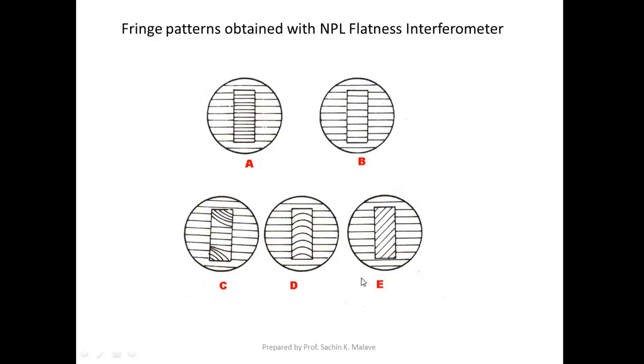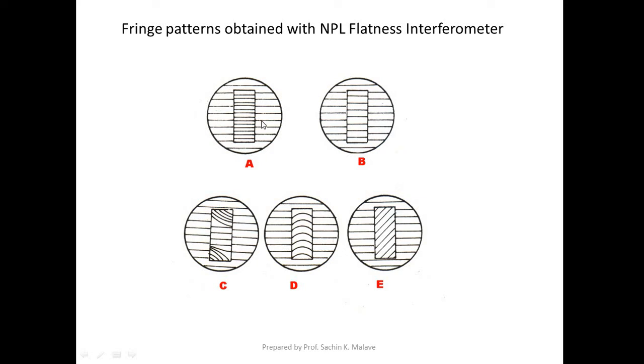Now the various fringe patterns that are obtained with a particular component and base plate are shown over here. So A, B, C, D, E. These are the various types of patterns that are observed. We'll discuss these one by one: pattern A, pattern B, pattern C, pattern D, and pattern E. In pattern A, one circle is shown, and one rectangle is shown.